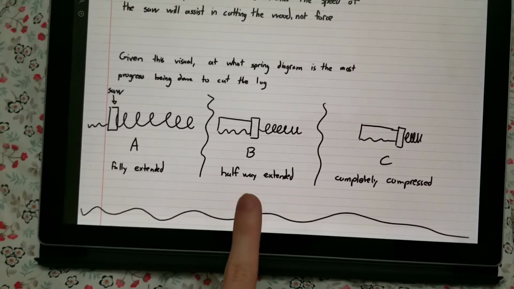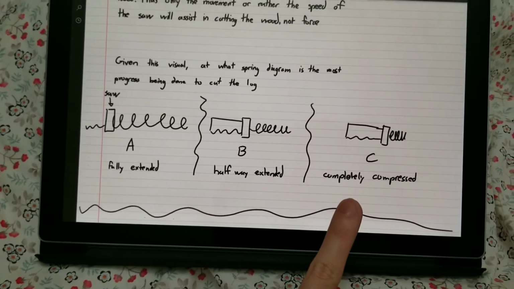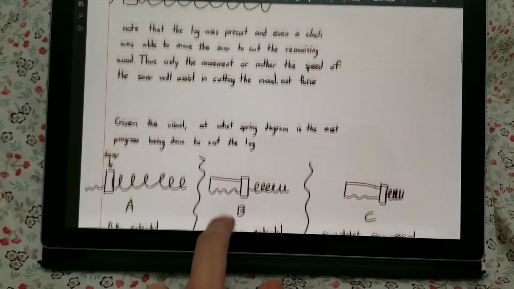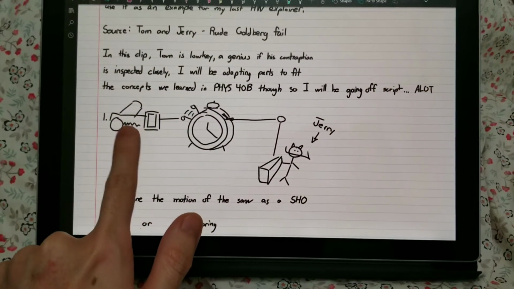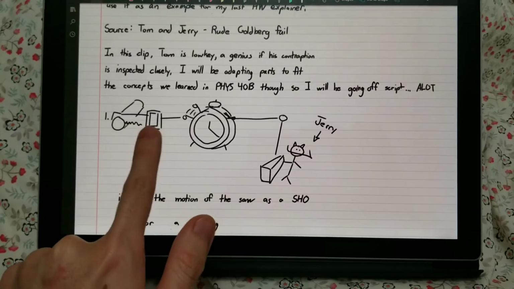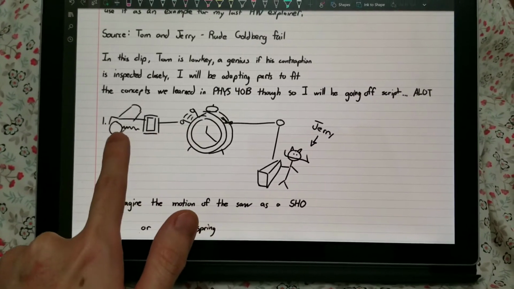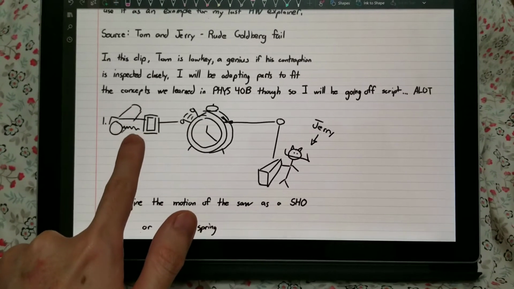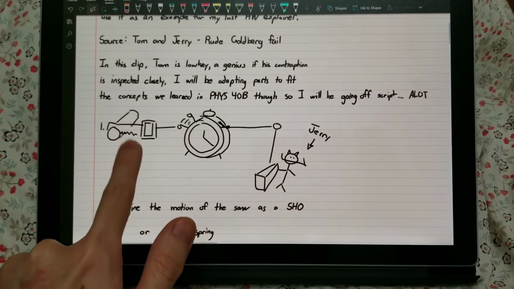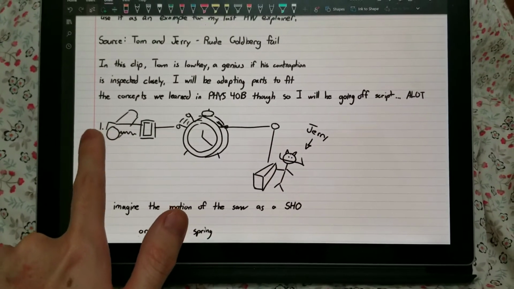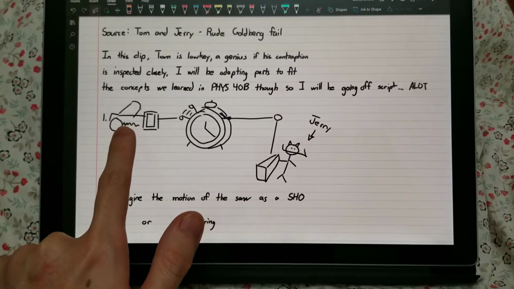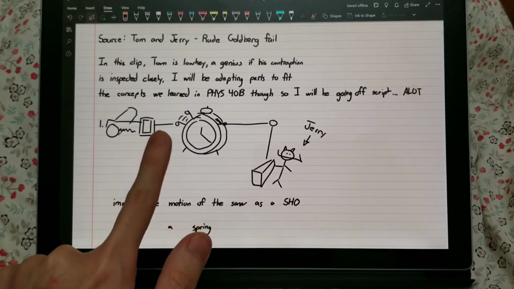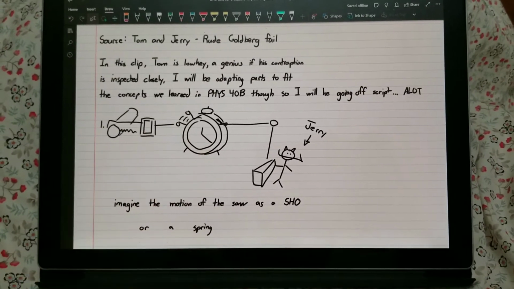Fully extended, halfway extended, or completely compressed? In this case, fully extended would be the handle being all the way to the log. Midway extended would be the handle being midway and the saw already halfway through the log. Or completely compressed, where the saw is barely inside of the log and it's about to come out again.